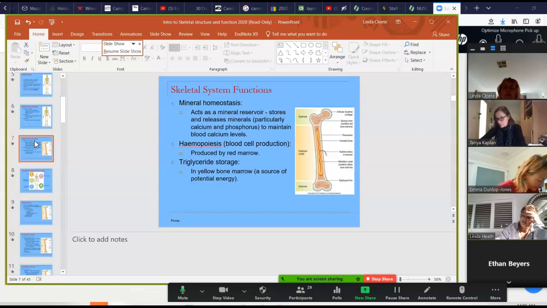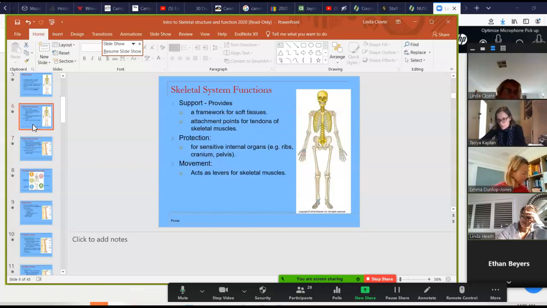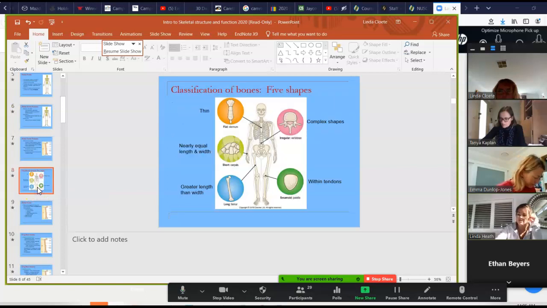It's important as a mineral reservoir, for homeostasis, and for triglyceride storage, in addition to the other functions of support, protection, and movement. So functions of bone, you definitely need to know. You will get that more likely in multiple choice than anywhere else, but you still need to know that.